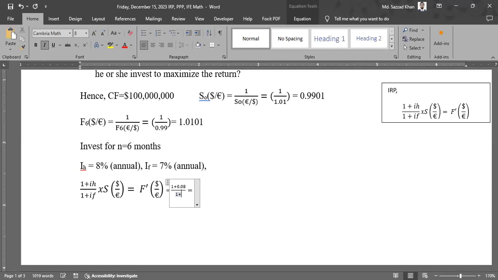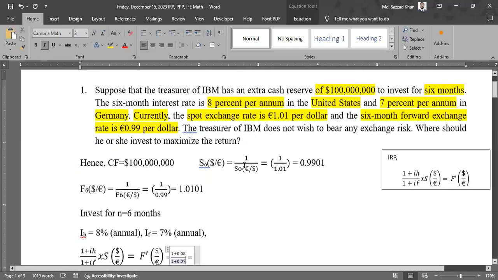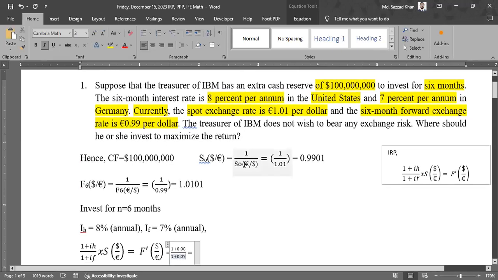One plus 0.07. However, if you think, okay, sir, why not we compound monthly?